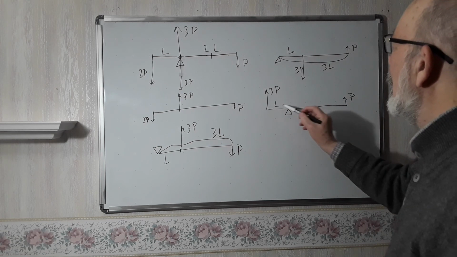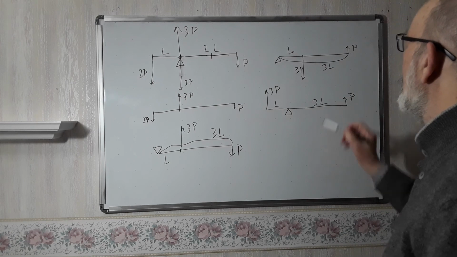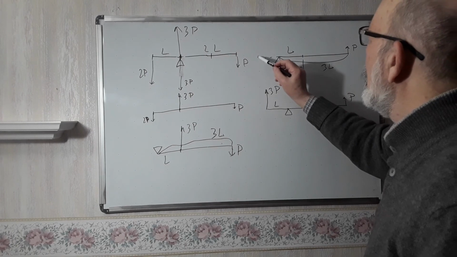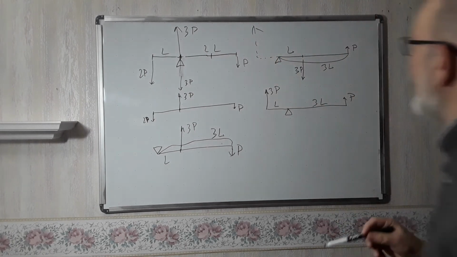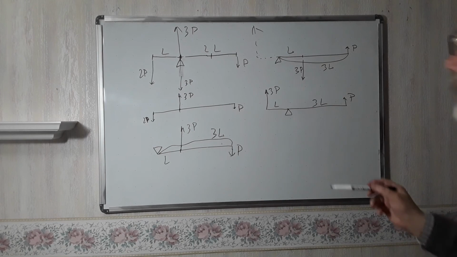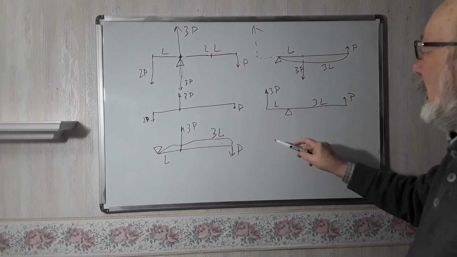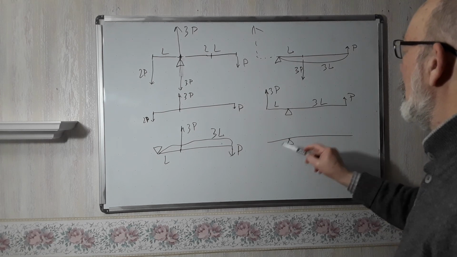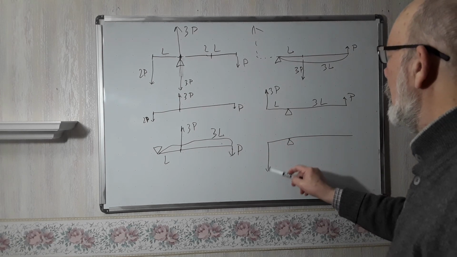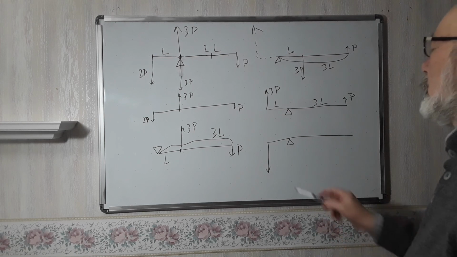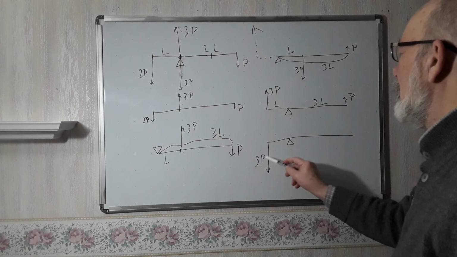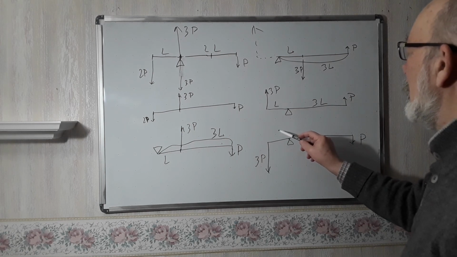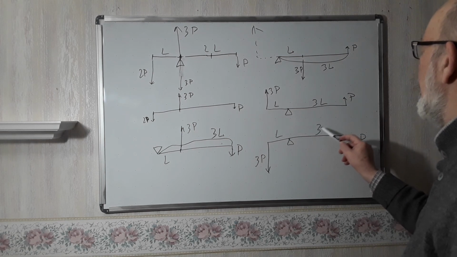It is L, it is 3L, because we take it on the continuation. Now let us turn it down to have a more usual situation: 3p down, here a force p down, it is L, it is 3L.